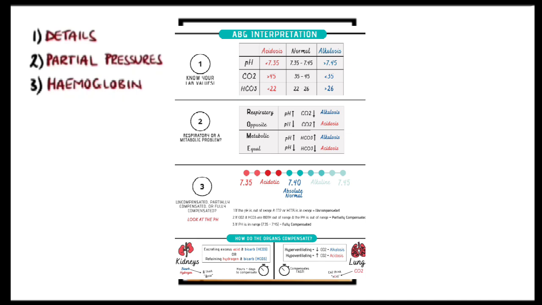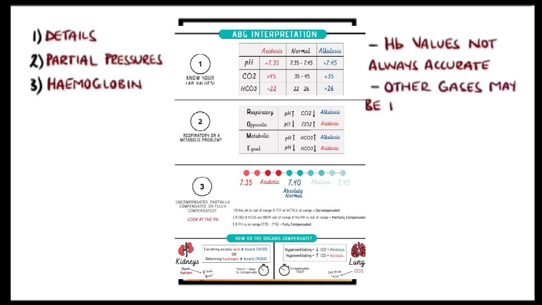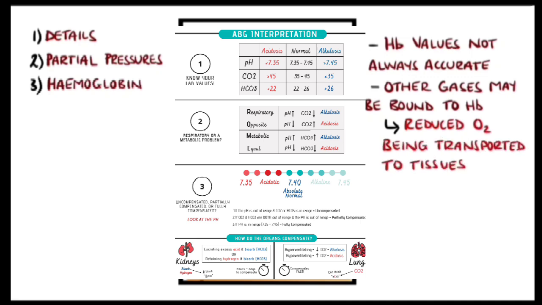On the ABG, there will be the partial pressure of CO2, which reflects the respiratory component, and the concentration of bicarbonate, which reflects the metabolic component, with normal values approximately being 22 to 28 millimoles per litre. An important point to remember is that carbon dioxide forms carbonic acid in the blood, and so more carbon dioxide means more acid.